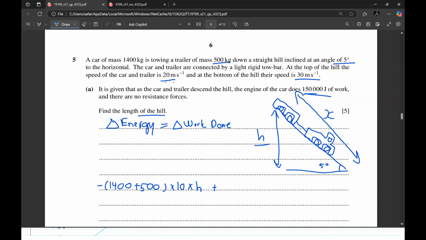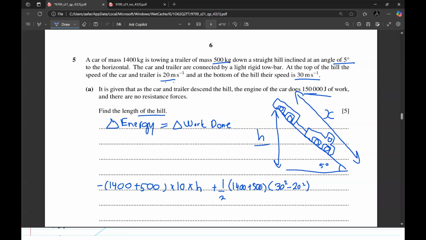plus the change in kinetic energy. Since its speed is increasing, its kinetic energy is increasing: half m. We can add both separately, but it will be easier to take the masses and the half common and then add both speeds separately: 30 squared minus 20 squared.